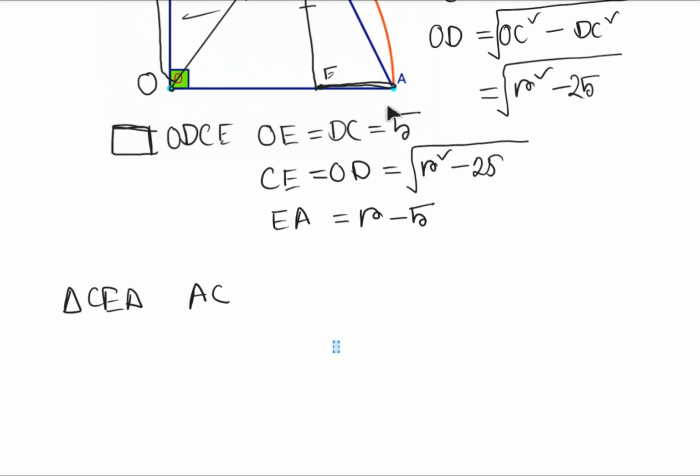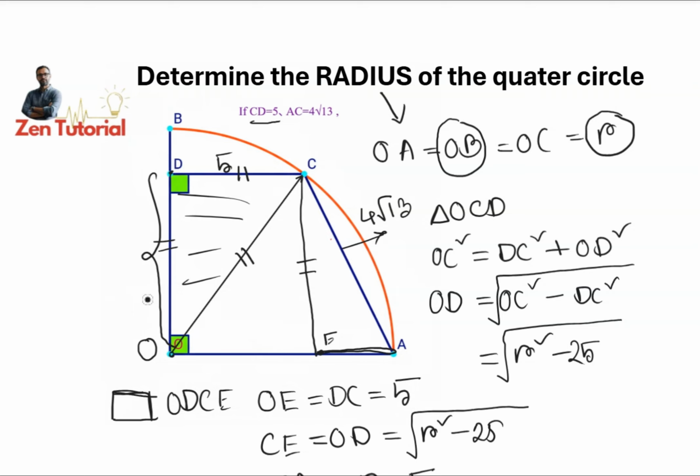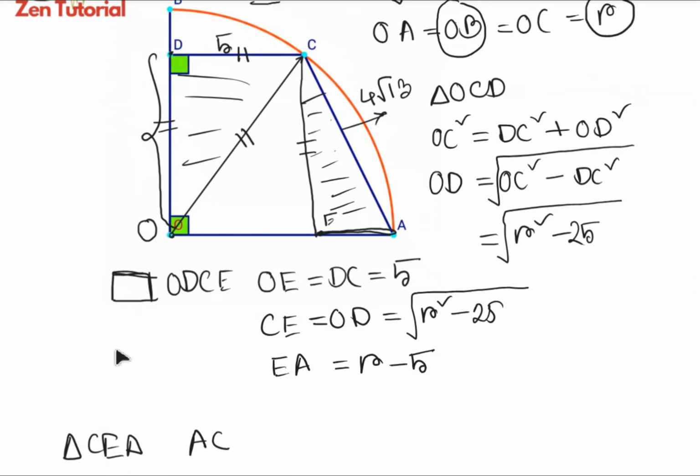Where is CEA? CEA is this region. Within this region, we have the value of CE and EA, and we also have CA, which is 4 square root of 13.